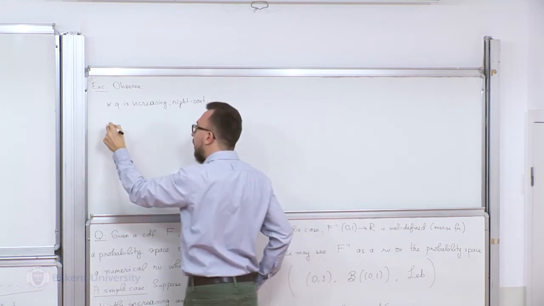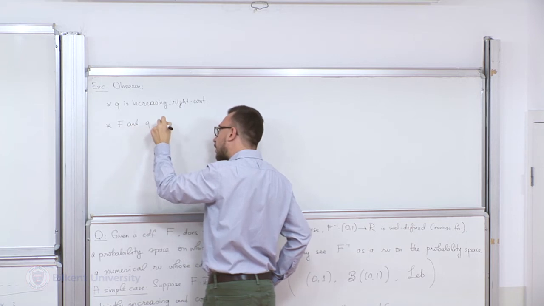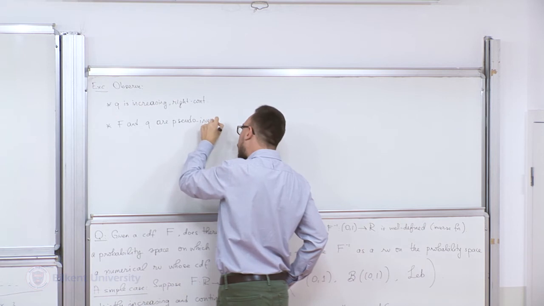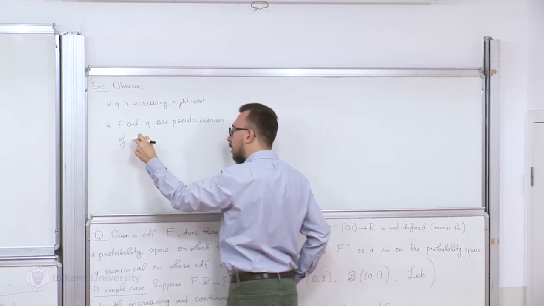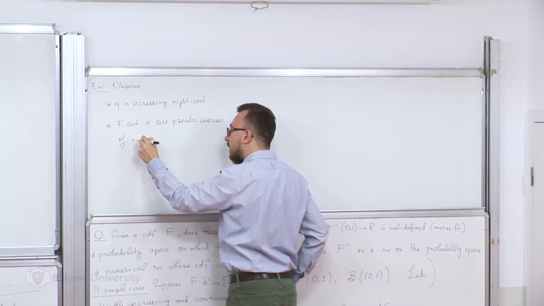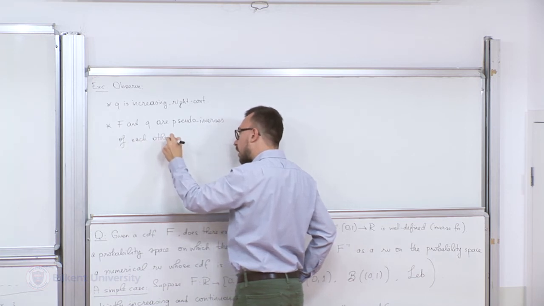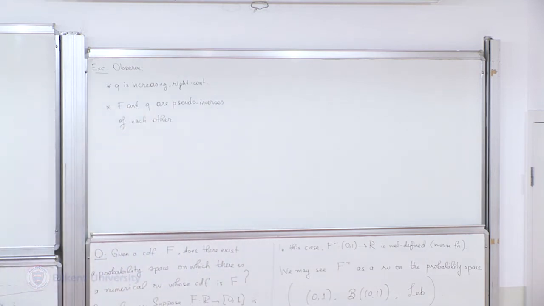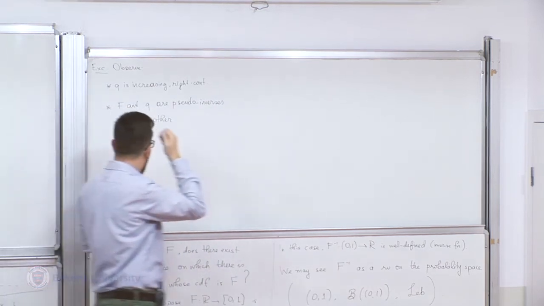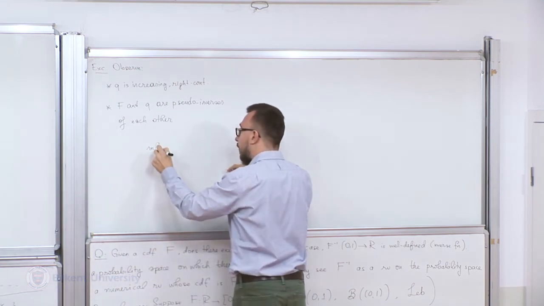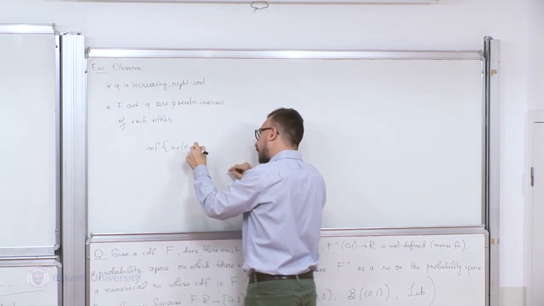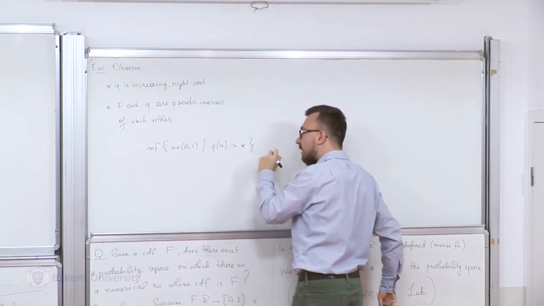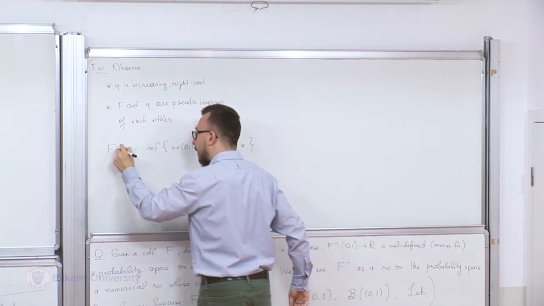And F and Q are pseudo-inverses of each other, in the sense that if you define further the pseudo-inverse of Q with the same definition, so if you define the infimum of u values now for which Q of u is strictly above x, that's going to give you f of x.